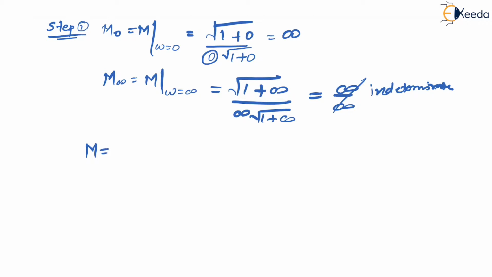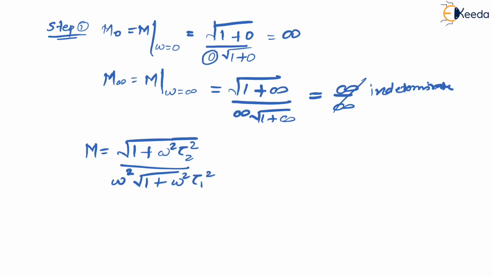You have got this M, right? M is nothing but under root of 1 plus omega squared tau 2 squared, divided by omega squared into 1 plus omega squared tau 1 squared, right? Now if by some chance I can eliminate this omega squared, please take this omega squared out of the bracket.